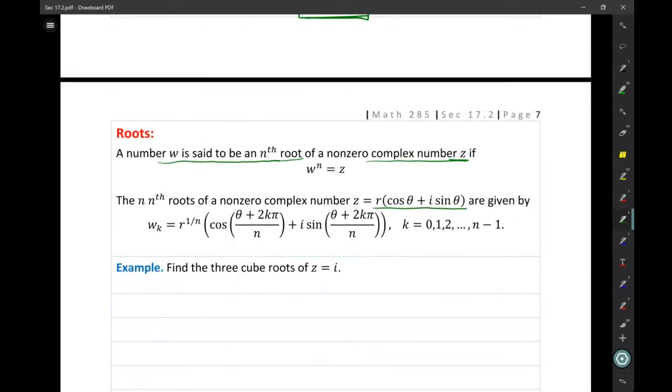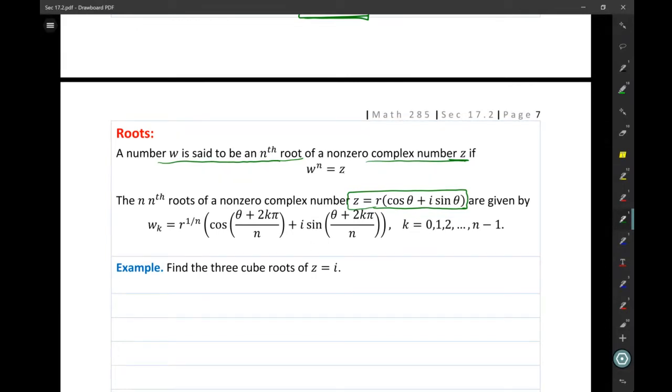Now, here I will explain how we can find the nth roots of any non-zero complex number. First of all, I have to write down my complex number in polar form, in the form r times cosine theta plus i sine theta.